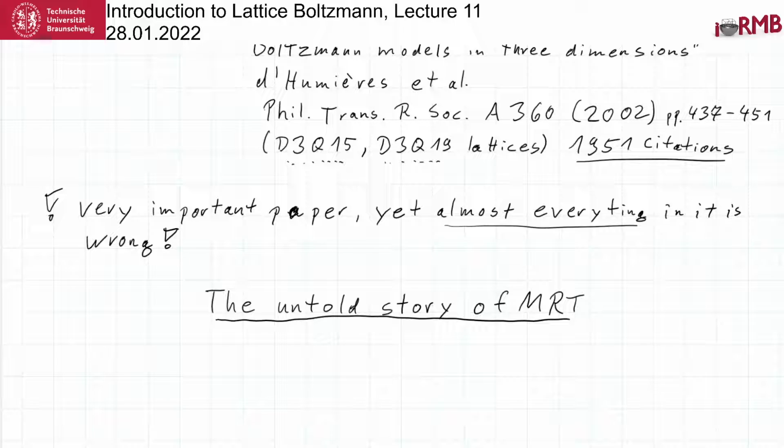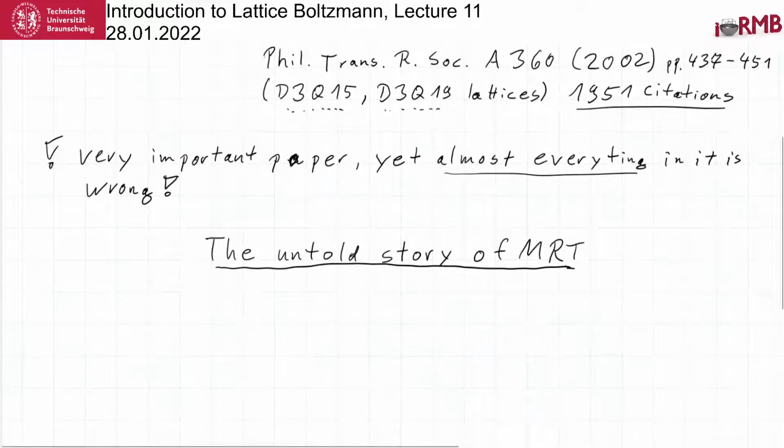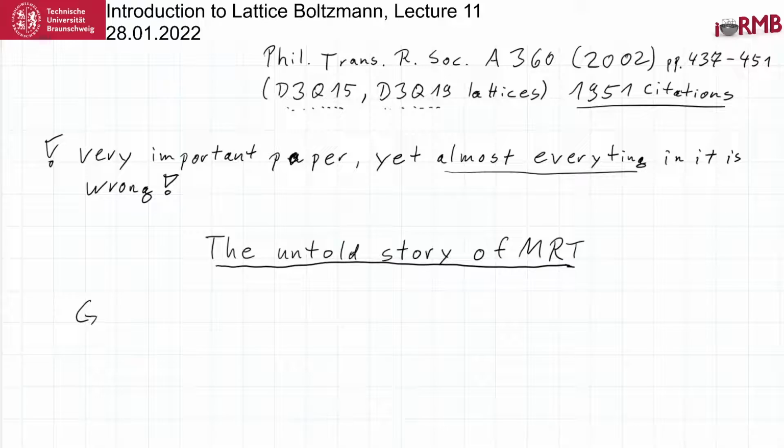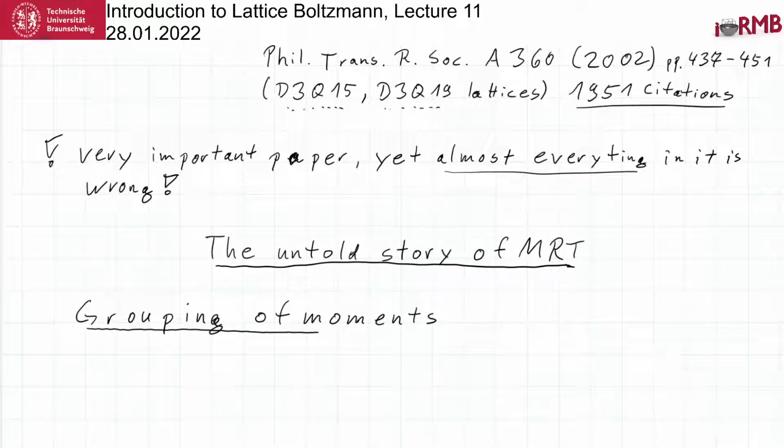And in order to do this, we have to identify the moments which we can relax with different rates, and for this we need some grouping, because you could say, okay, the D3Q19 method would have 19 independent moments, and each moment has its own rate. However, you will see that this doesn't make sense.